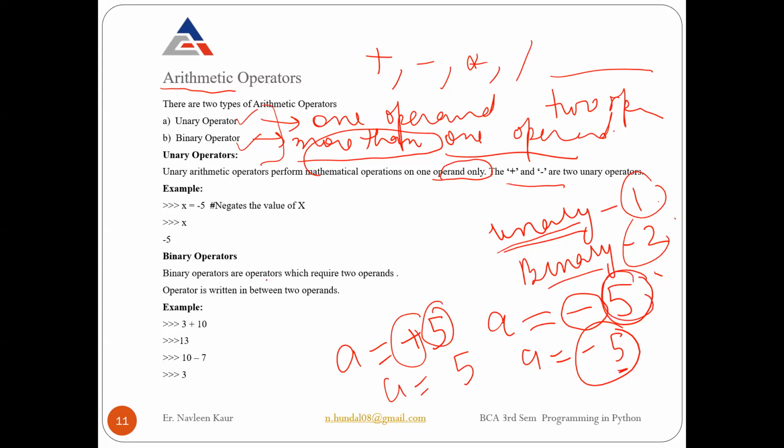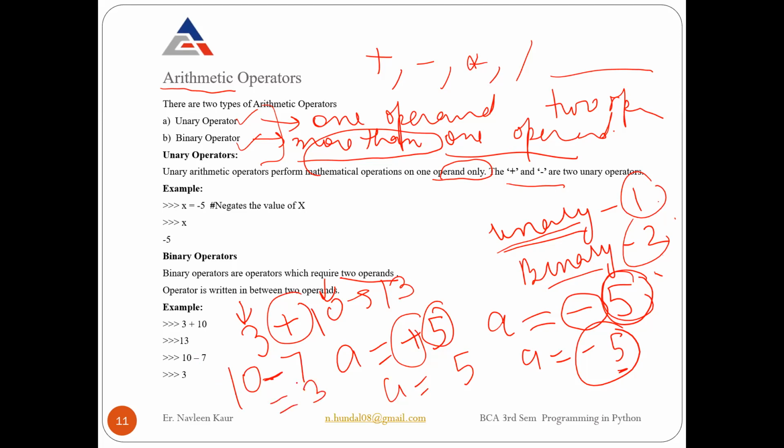Binary means where you need 2 operands, 2 data. For example, if I write 3 plus 10, this is one operand and this is the second operand. To do addition you need a minimum of 2 operands; that is known as a binary operator. It will add them and you will get 13. Similarly, minus also needs 2 data elements, 10 and 7 for example, and it will give you the result 3.